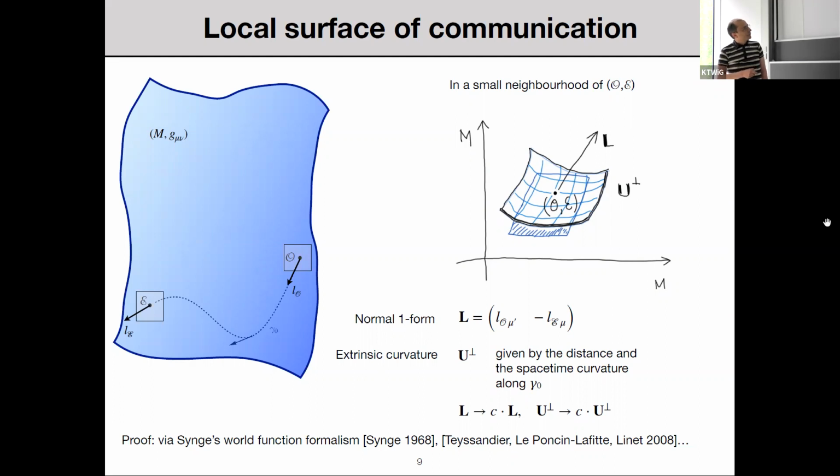And let me also note that these things are not normalized. L is null with respect to the given metric, so you can always rescale these two objects by any number. The proof that it is so goes through something called the Synge's world function formalism, defined by Synge in order to study geodesics in any space-time.